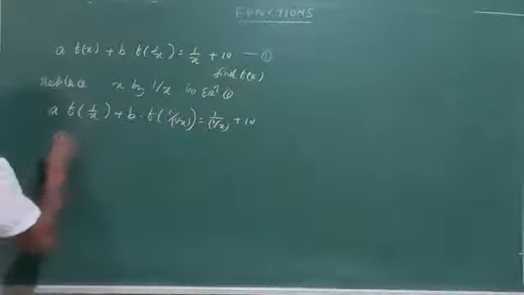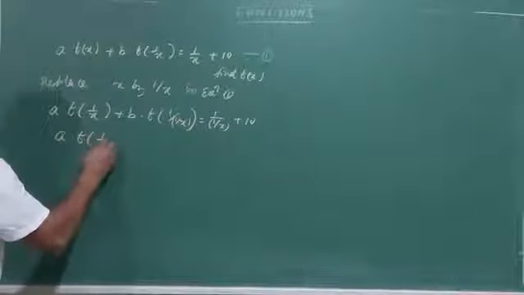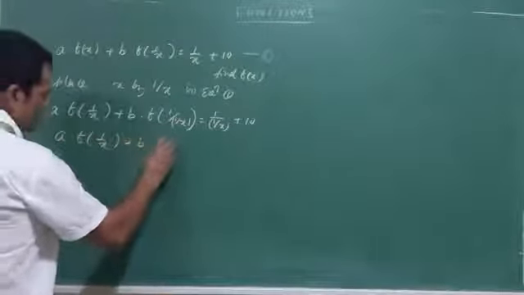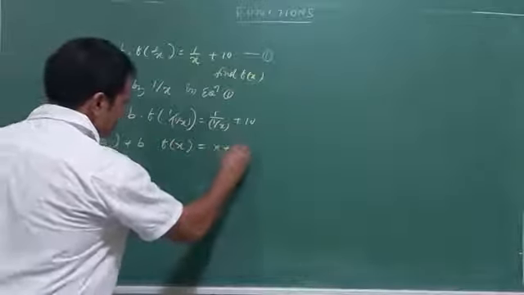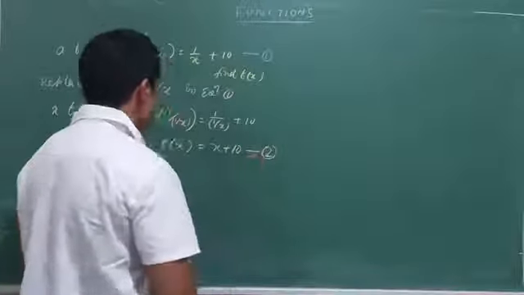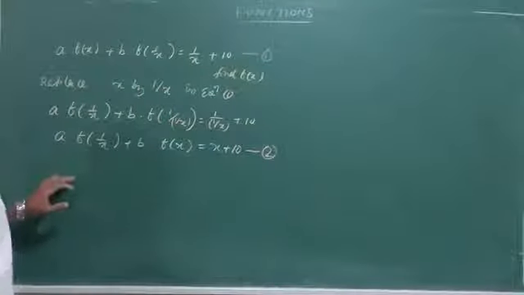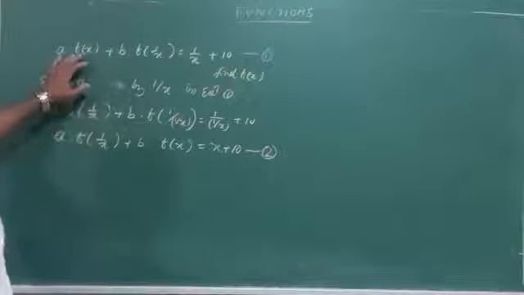That gives you a·f(1/x) + b·f(x) equals x + 10, equation number 2. Now from equations 1 and 2, I have to find the f(x) value.